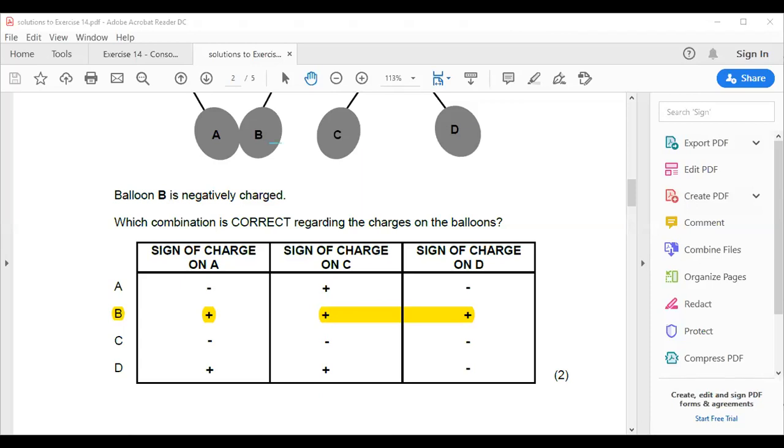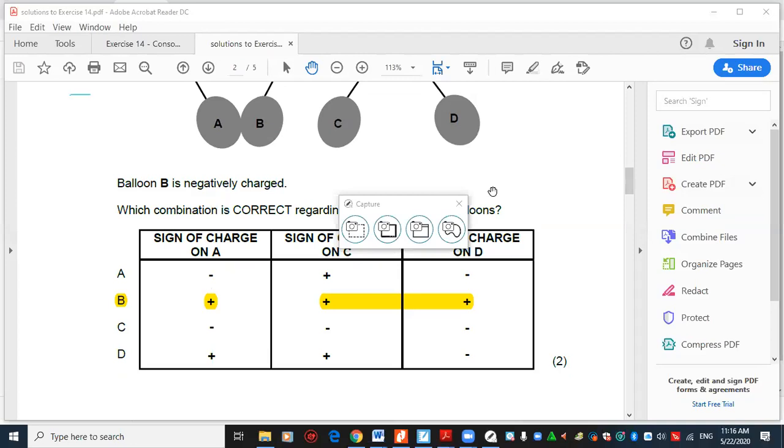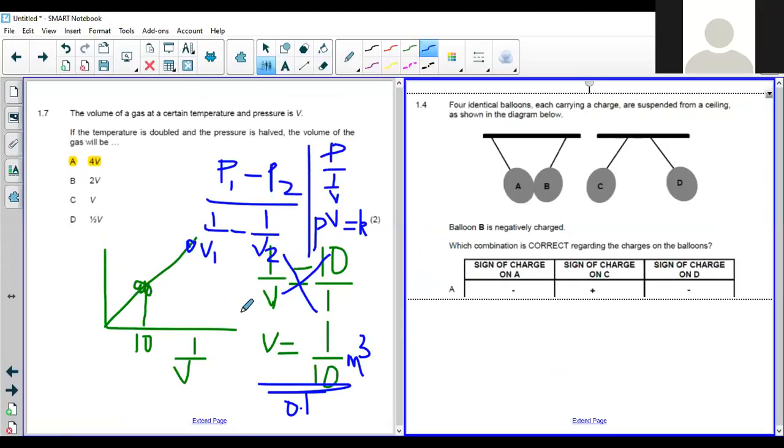I'm just trying to open something here. I'm not sure if this is the one. Yeah, here it is.